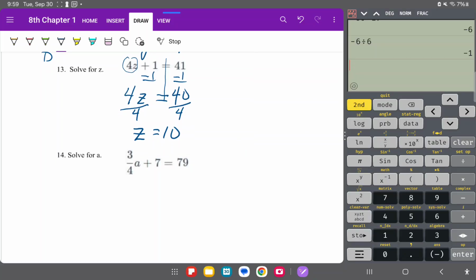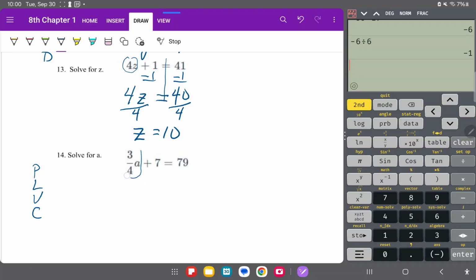Now on number 14, this one adds a little wrinkle to it because we do have that fraction that's sitting out in front. But it begins the same way, right? There's no parentheses, no like terms. The variables are all together. So we still need to move.